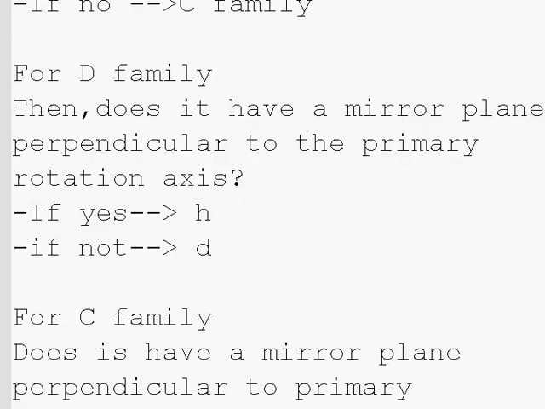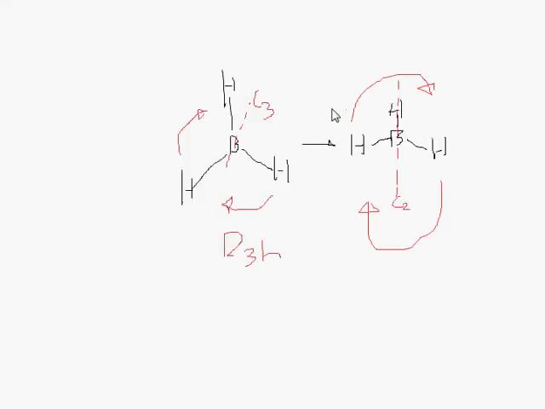And the way you figure out if it's h or d is, if it's h, there's going to be a mirror plane that is horizontal to the primary rotation axis, or perpendicular to it. So you can see here's a primary rotation axis, and this actually has a mirror plane. Again, we'll draw it like this.